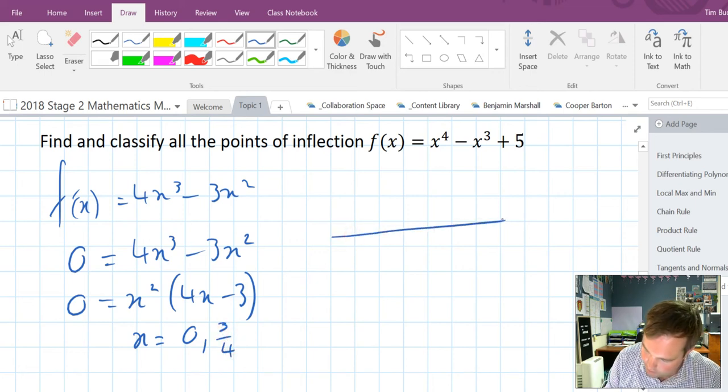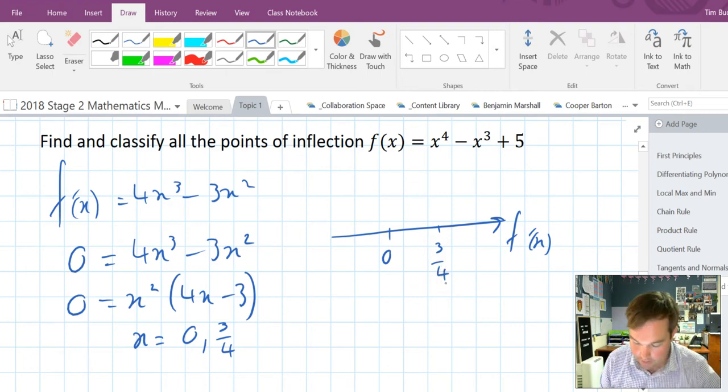So our sign diagram for f dash x has critical points at 0 and 3 on 4. And now we can sub in values here. If we sub in, say, minus 10, it's going to be pretty negative.